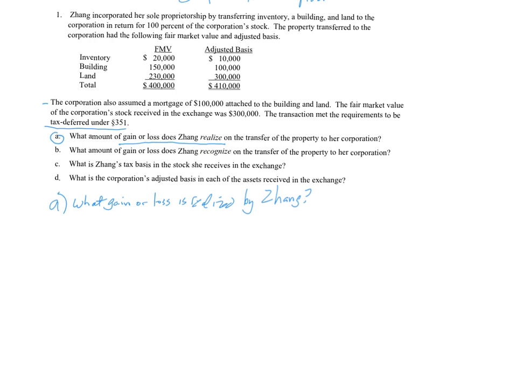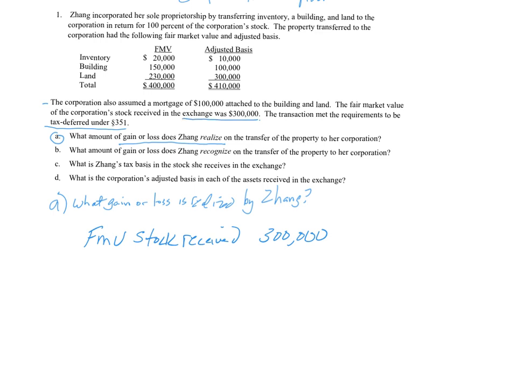All right, so realized. What does she receive, right? Well, she gets some stock, and we have to look at the fair market value of the stock received. And we were told that the fair market value of the corporation's stock received in the exchange was $300,000. So that was part of the given information right there.